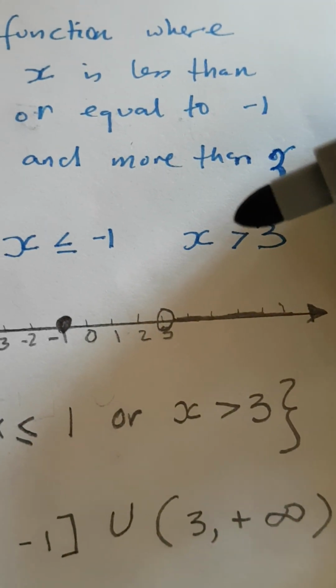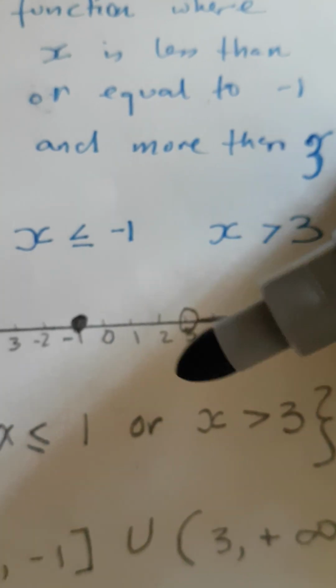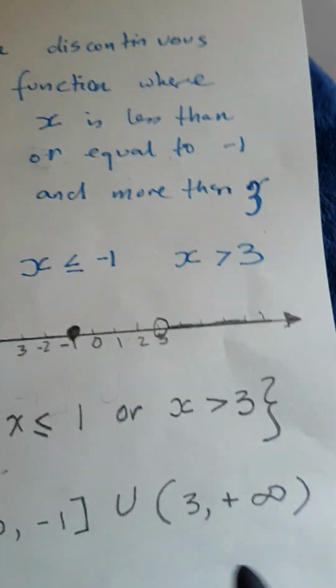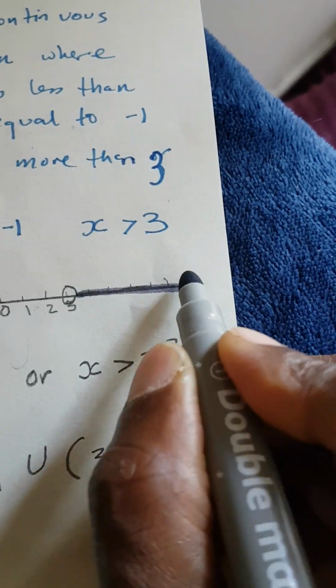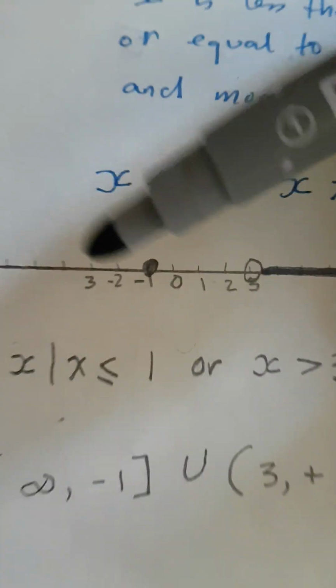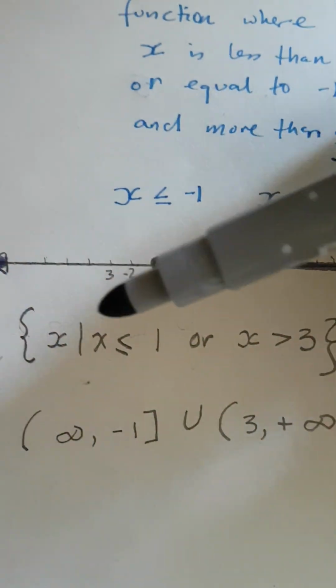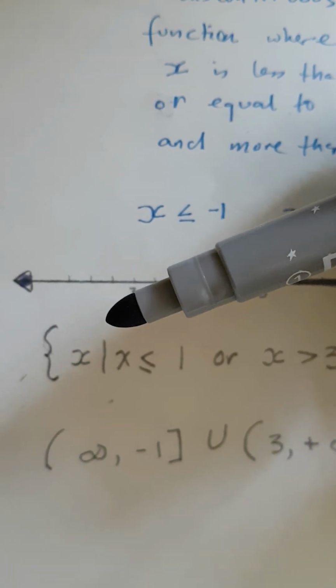So because you only have more than and not more than or equal to, you will have an open circle and then highlight to positive infinity.